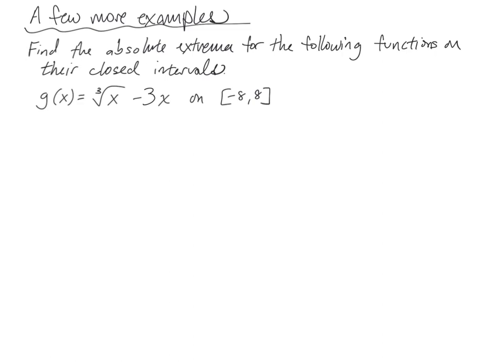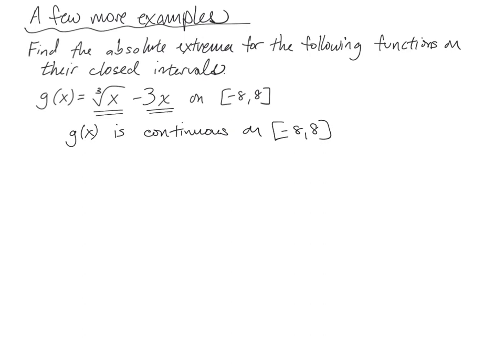So the first thing you want to do is just double check that g of x is continuous, and since the cube root function is continuous and 3x is continuous, when you add or subtract continuous terms together, you get a continuous function. So we'll just say g of x is continuous on the interval -8 to 8.